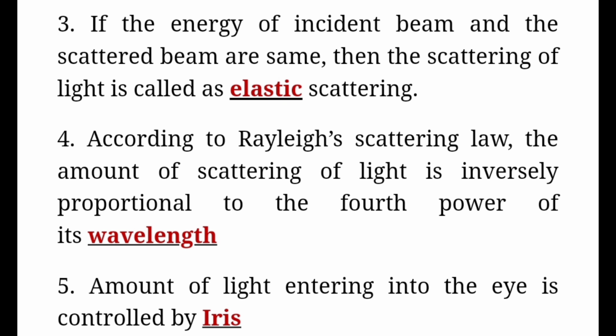Elastic scattering. Fourth one, according to Rayleigh scattering law, the amount of scattering of light is inversely proportional to the fourth power of its dash. Answer, wavelength. Fifth one, amount of light entering into the eye is controlled by iris.